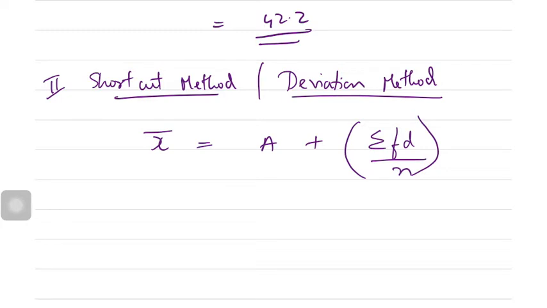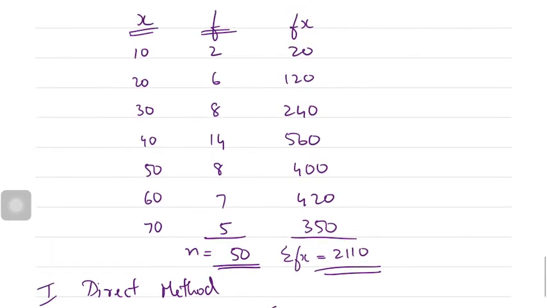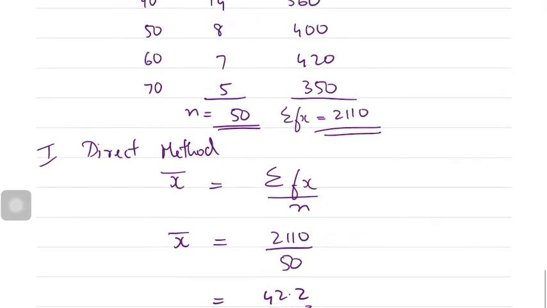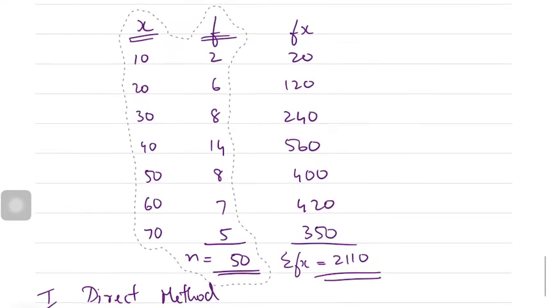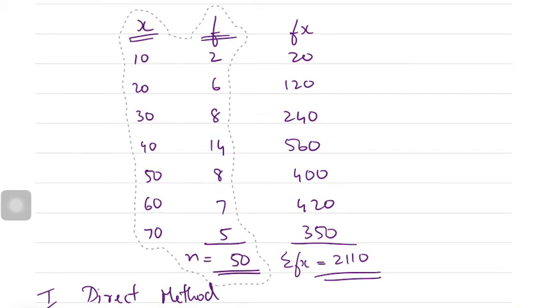Now in the problem, x is given and f is given, right? So x we don't need to write again. I'll just copy paste it. Sorry, I'm not able to copy paste.